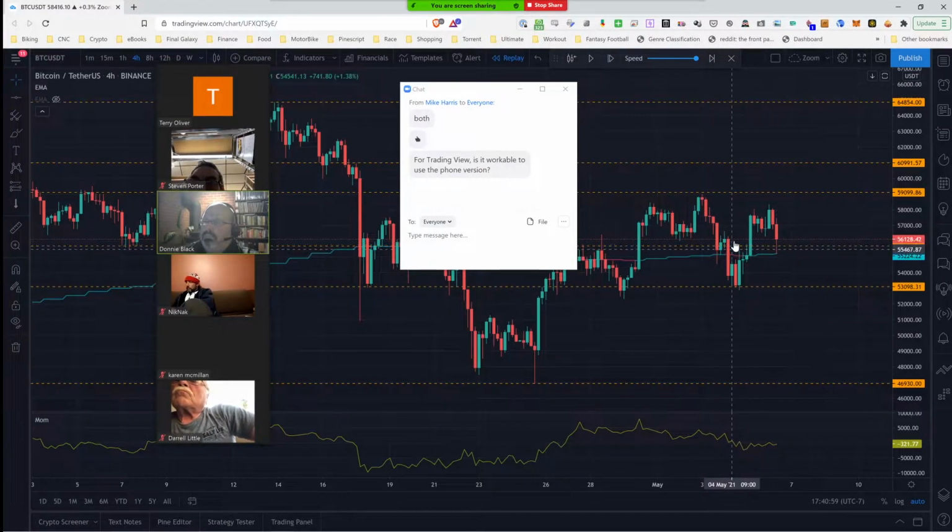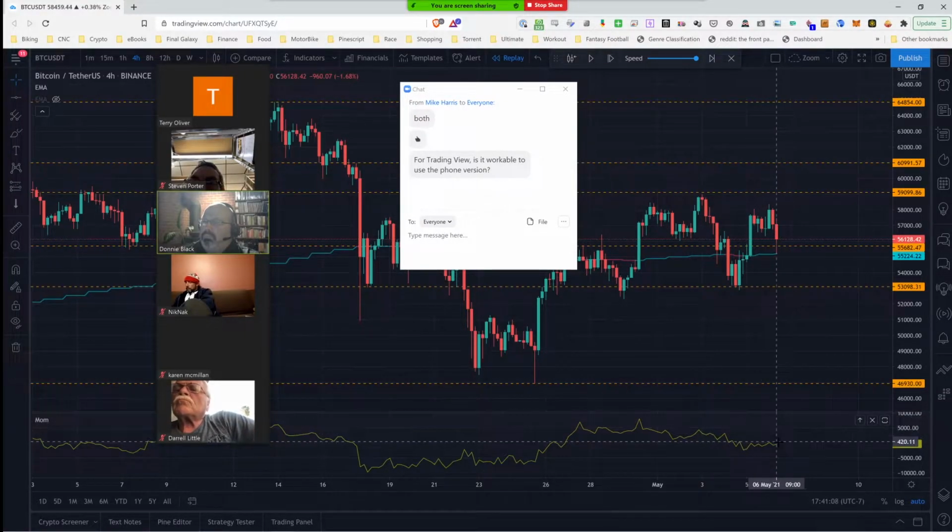This is where, on the pullback, if price is up here, I'd be looking to enter down there. And when price is coming down to this spot, you can see the momentum here is above where it was before. So even though price is retracing right now, we still have an increase in momentum. That's a positive sign that price will continue to increase in the future.